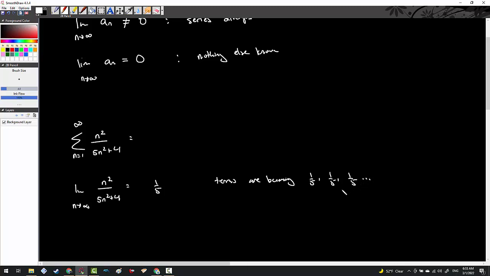While this sequence converged to 1/5, we're not doing sequences anymore. We're in series. So what's really happening to this series is that you're getting 1/5 plus 1/5 plus 1/5 plus 1/5, and so on. And as you add 1/5 to itself an infinite number of times, this absolutely diverges.